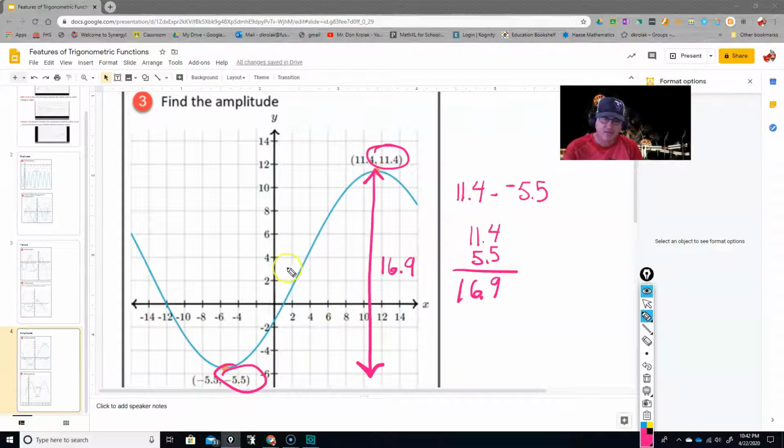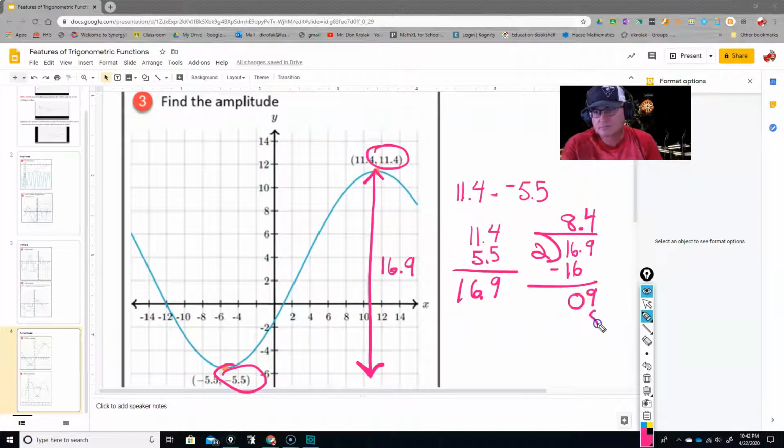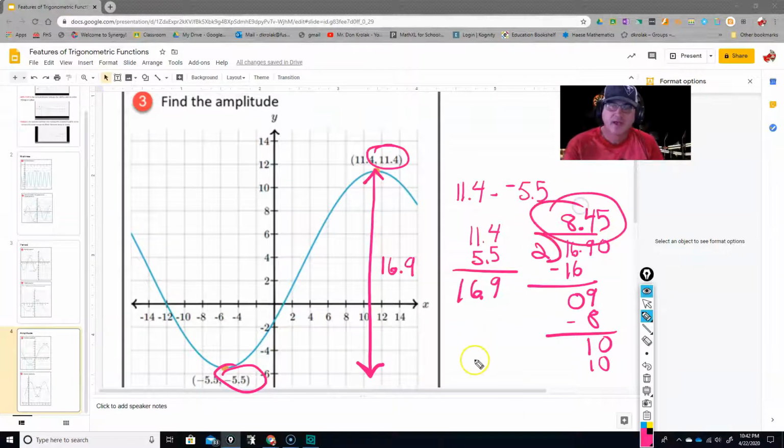So half of it would be the amplitude. So my amplitude is 8.45.